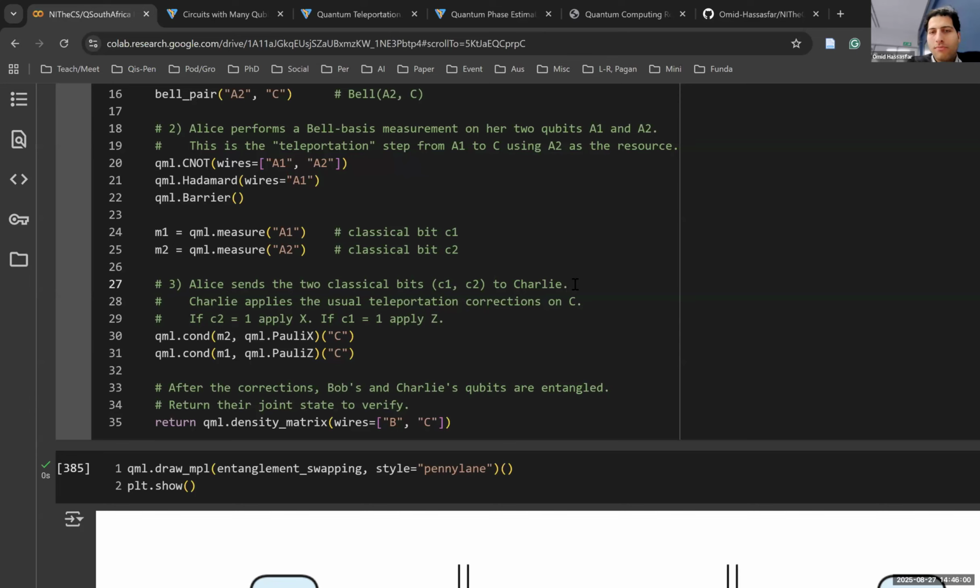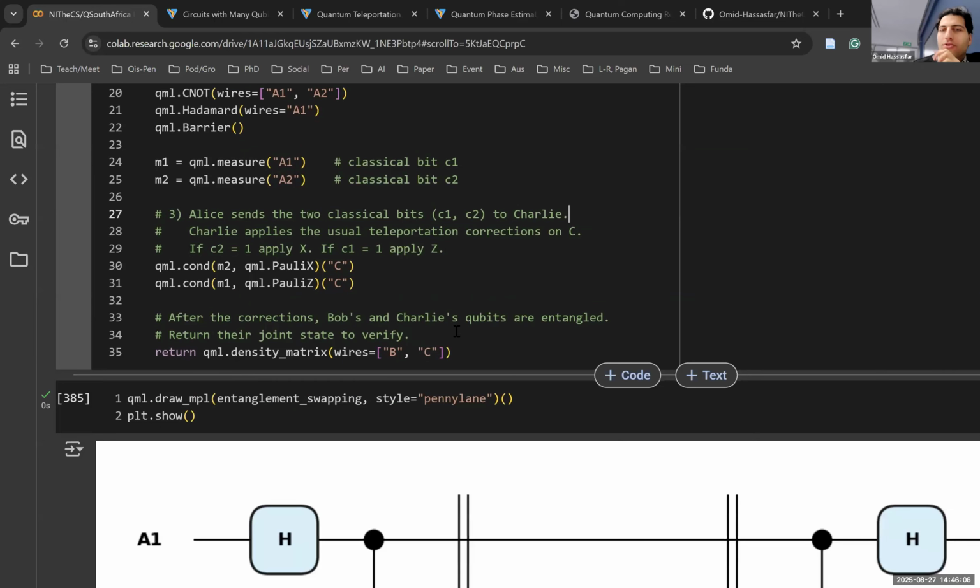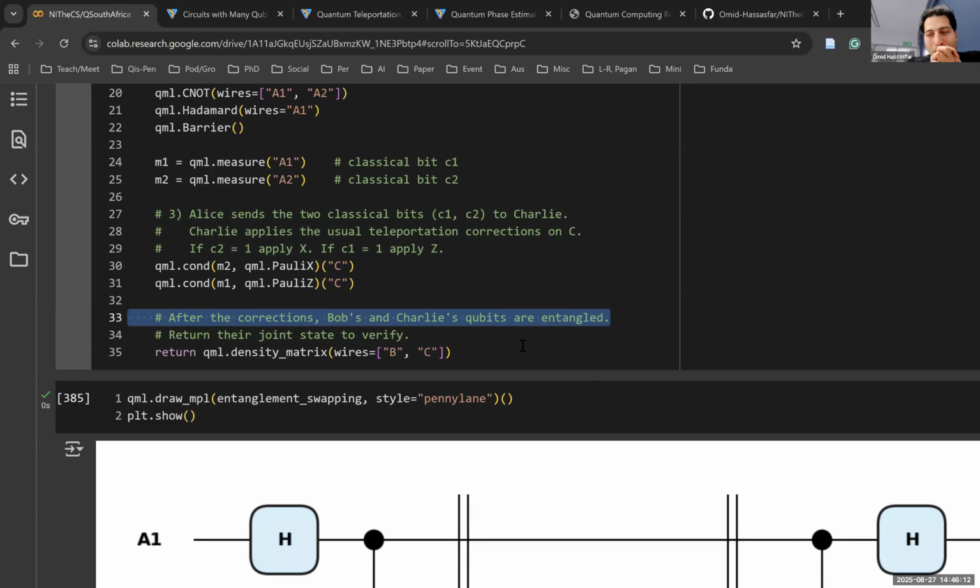Still no communication or interaction between Bob and Charlie. After the correction, Bob and Charlie's qubits are entangled. That's the magic. That's where the magic happened. Now we want to verify this. How can we verify that Bob and Charlie's qubits are entangled?